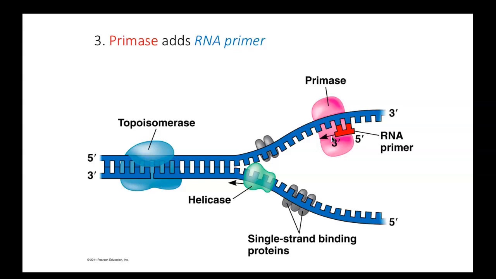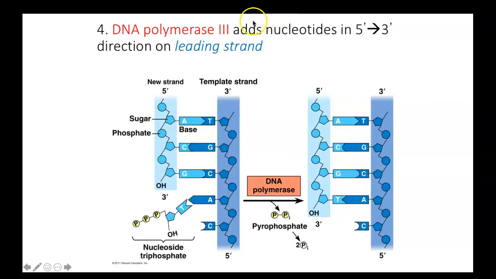It's considered really reactive and has charges and stuff. And so this RNA primer is kind of like rolling out the red carpet. Then DNA polymerase is going to come in and start adding actual DNA. We're not trying to get RNA, we're trying to get DNA, but you have to put down a little piece of RNA to encourage DNA polymerase 3 to come in and start adding new nucleotides.